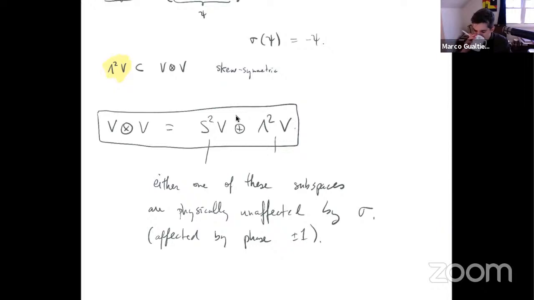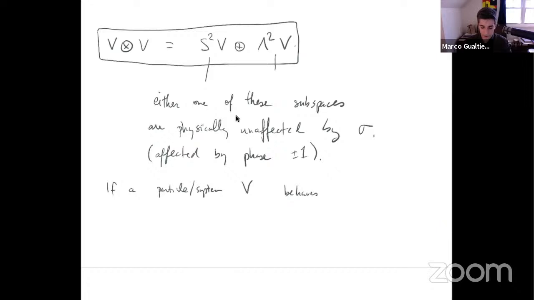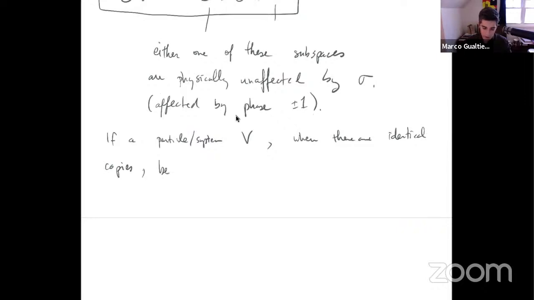Basically both occur. If a particle or system V, when there are multiple identical copies, has states in wedge 2V, we call these fermions.